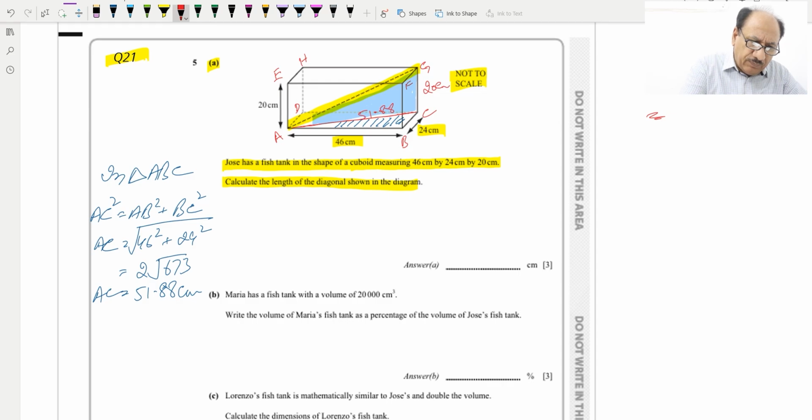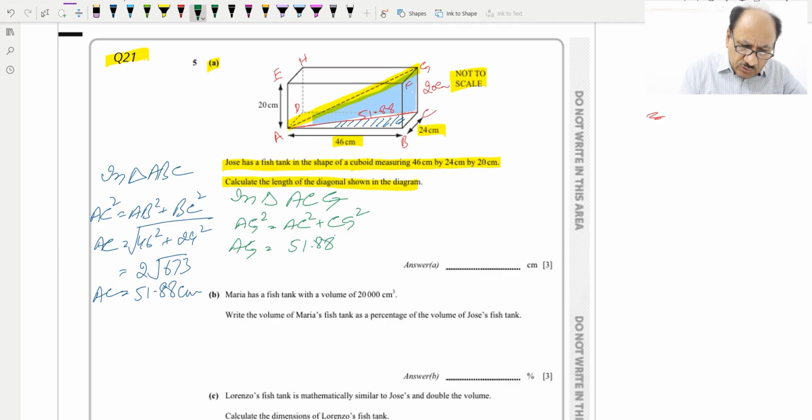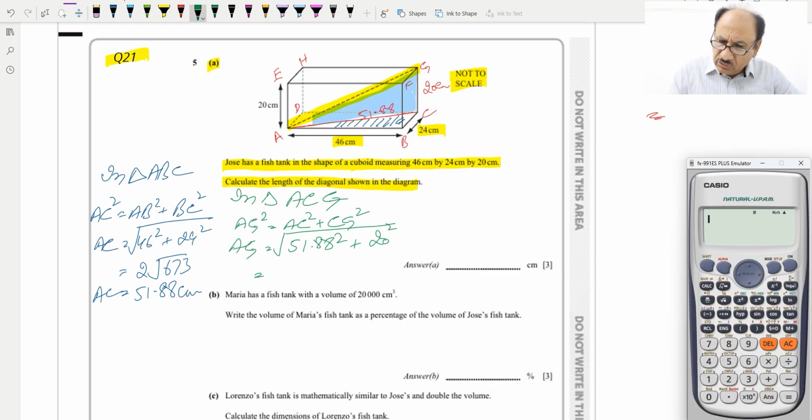So again we can apply Pythagoras theorem in triangle ACG. AG square is equal to AC square plus CG square, so AG will be equal to the square root of AC, which is 51.88 square, plus CG, which is 20 square.